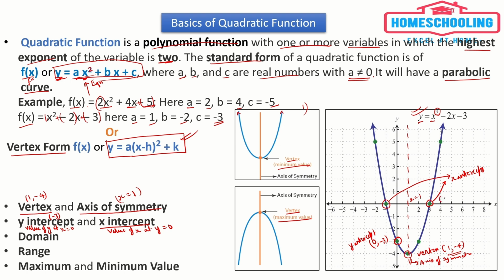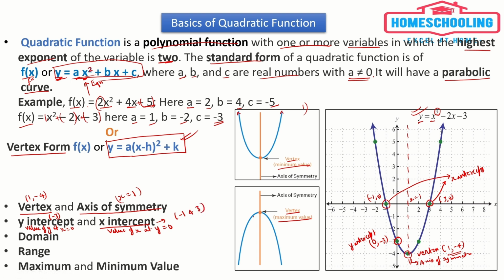This is (3, 0), and this is (-1, 0). So the x-intercept is the value of x at y = 0. When the x value is -1 and positive 3, then y is equal to 0. So our x-intercepts are -1 and 3.